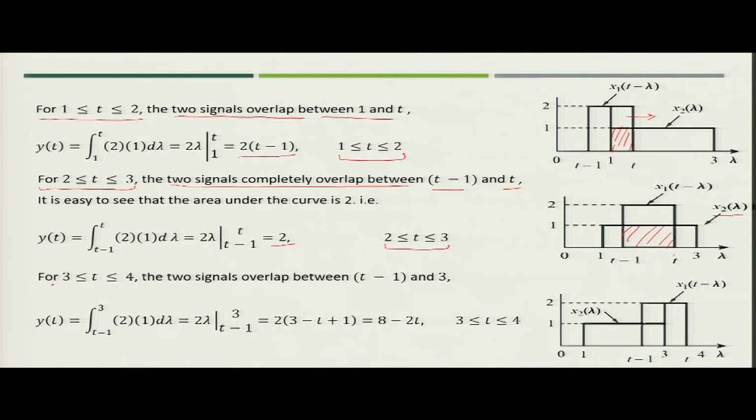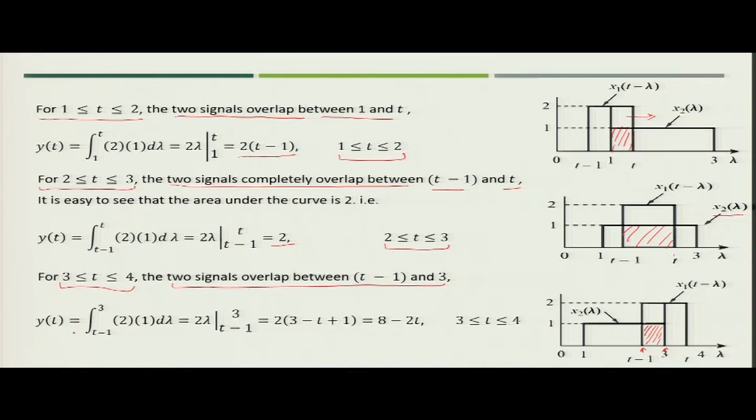Now third case, when the time t is ranging between 3 to 4, means some portion of this function x1 of t minus lambda would be overlapping between x2 and x1, and what would be the overlap period? These signals would be overlapping between t minus 1 to 3. So these would be the two limits on which your signal will overlap.